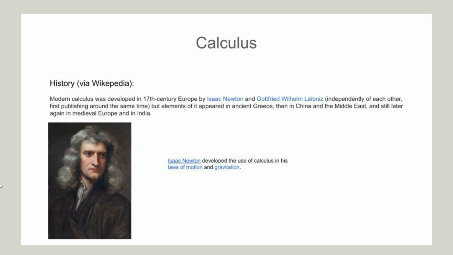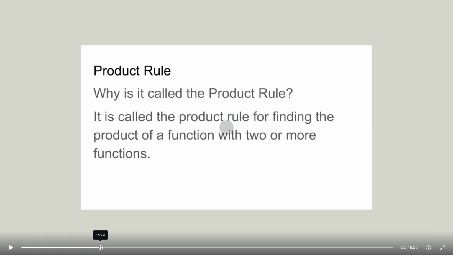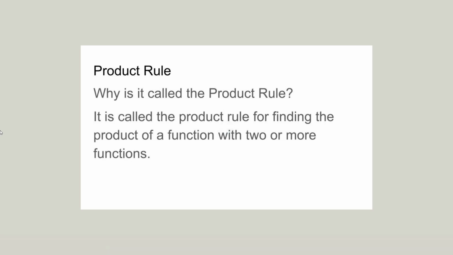Moreover, what we are going to talk about today is the product rule of calculus. The product rule is the rule for finding the derivative of a product of two or more functions.